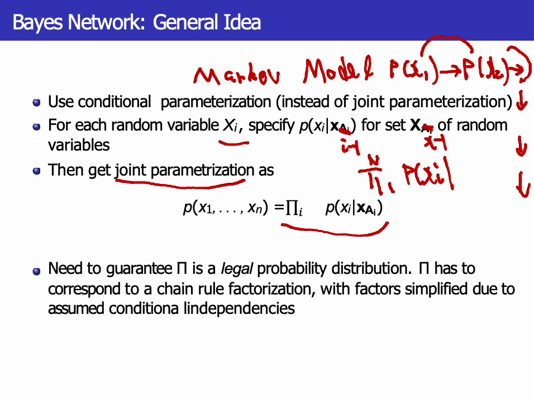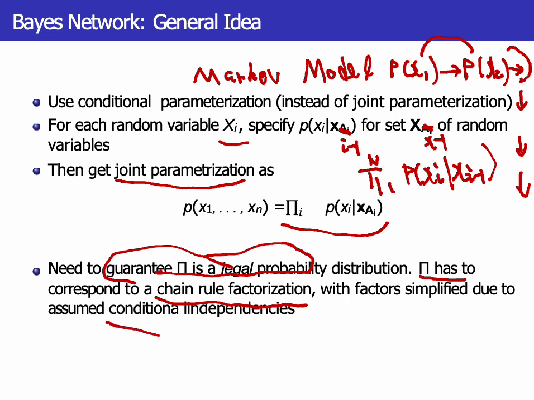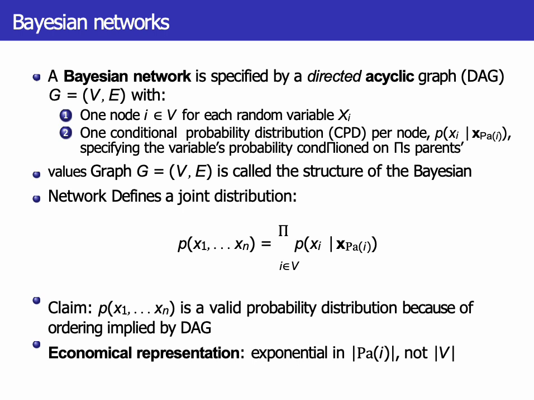This is generalized. We need to guarantee this is a legal distribution, and this multiplication has to correspond to the chain rule factorization with factors simplified due to the assumption of conditional independencies.